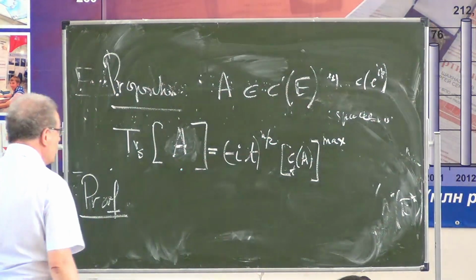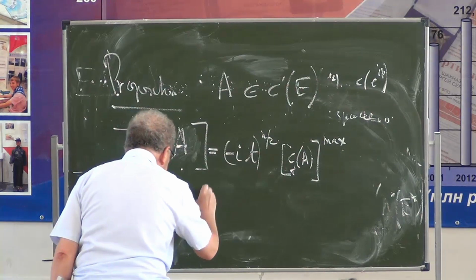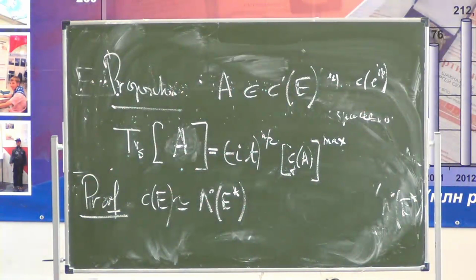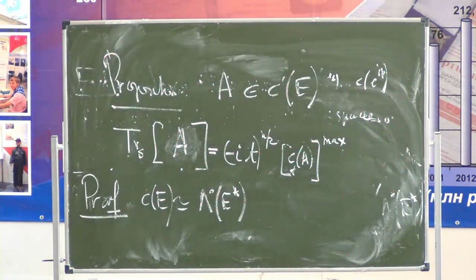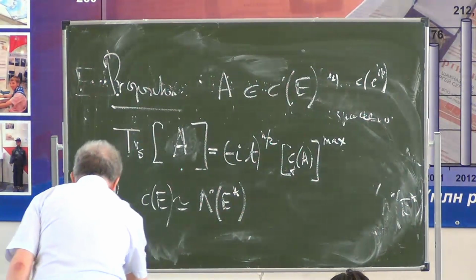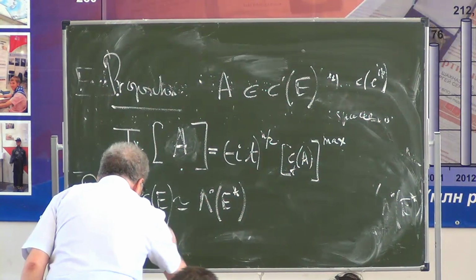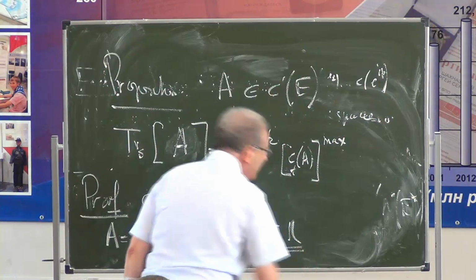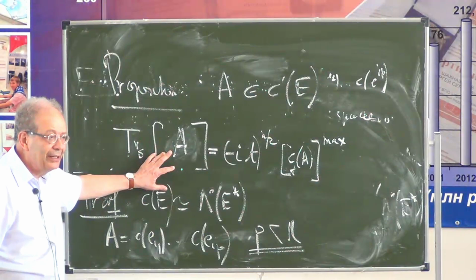So let's see why. The proof is completely elementary. Proof. First of all, we know again that C of E, the Clifford algebra, is the same thing as the exterior algebra, as a vector space. I gave you the algebraic fact that among the monomials in the Ei's, only the top degree monomial has non-zero supertrace. Which means that if A is equal to C of Ei1, C of Ei2, C of Eip, with p strictly smaller than the dimension, then the supertrace on this side is 0.